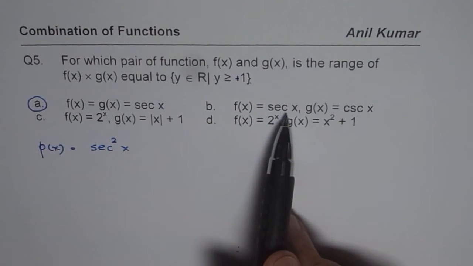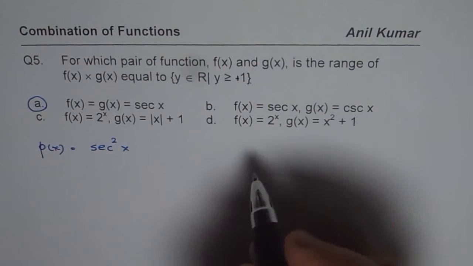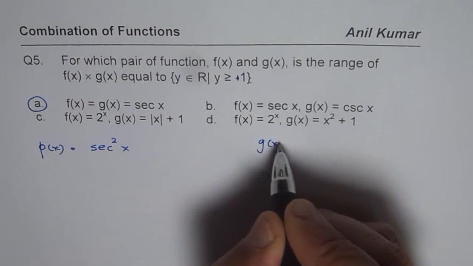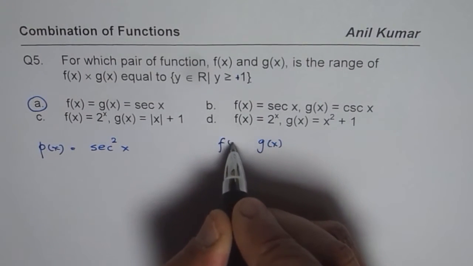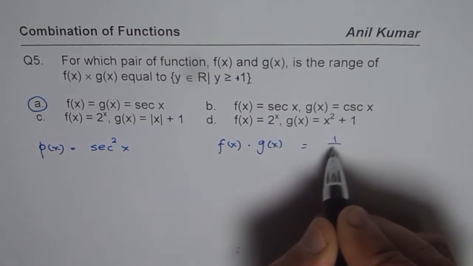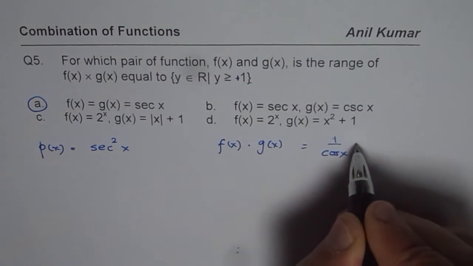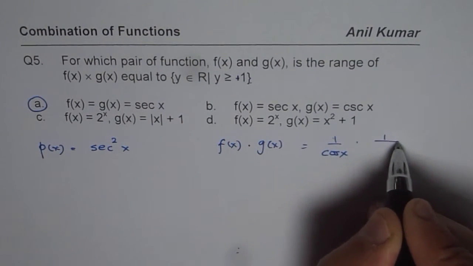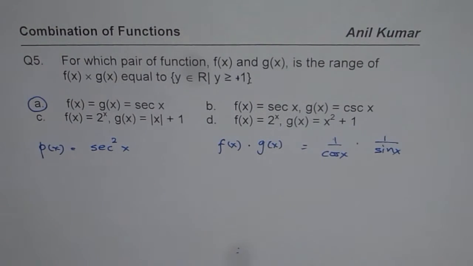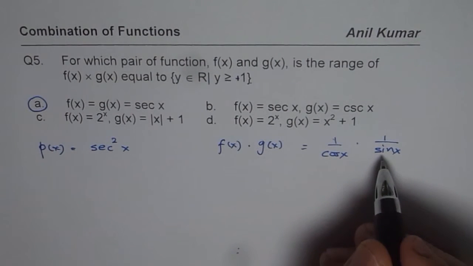On the other hand, we have secant x and cosecant x. When you multiply them, what do you get? If you have f(x) times g(x), that means secant x is 1 over cos x, right? And cosecant x is 1 over sin x. So what you really get is 1 over sin x times cos x, right?